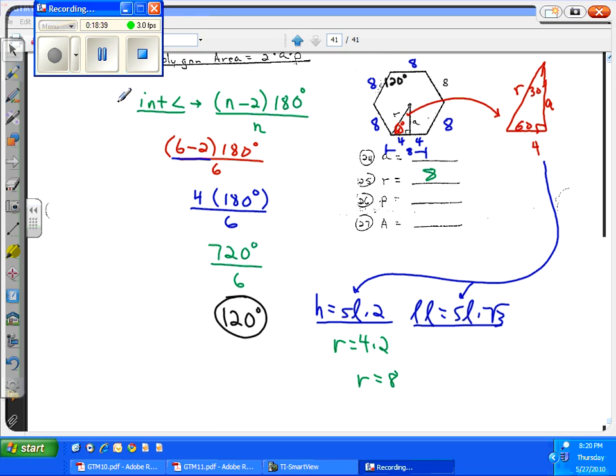The apothem, which is the long leg, is equal to the short leg, which is 4, times the square root of 3. So the apothem is 4 square root 3. Radius, 8.